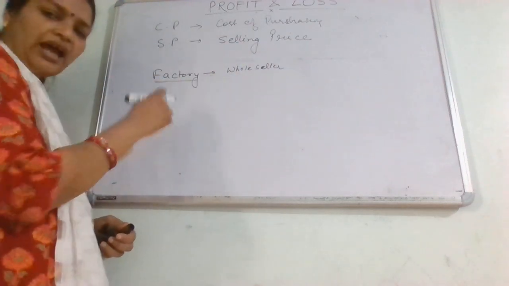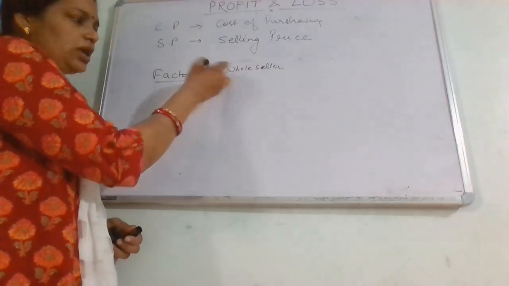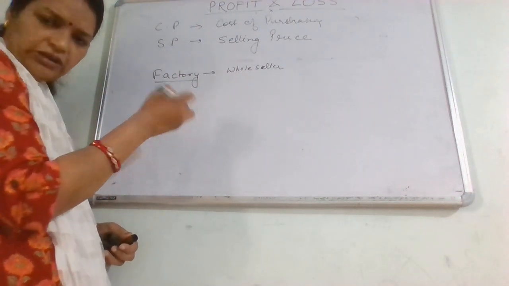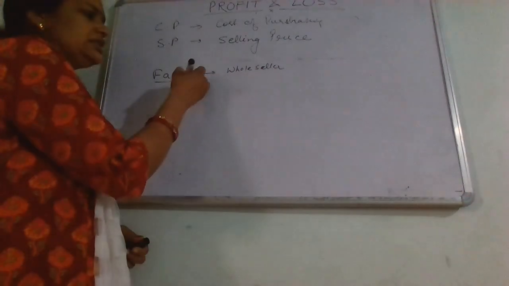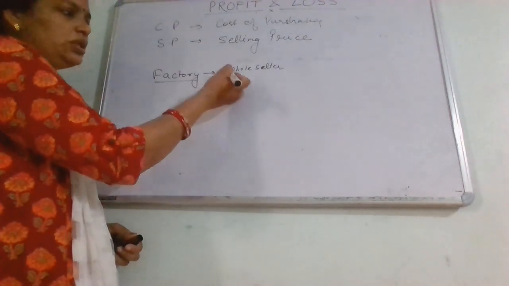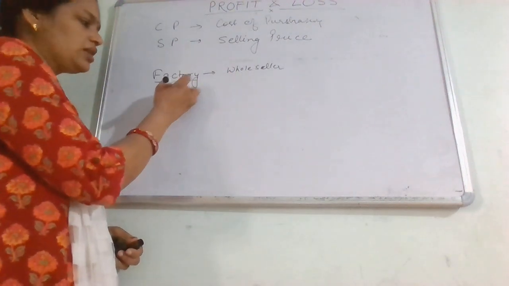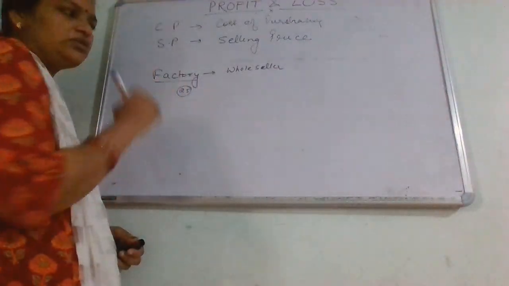Because they have prepared this, some costing is there. So they say, okay, I will give it to you, but my costing is 15 rupees plus something I will take as profit, so he will sell it to a wholesaler at some price, say 25 rupees. At 25 rupees, the factory gave it to the wholesaler.